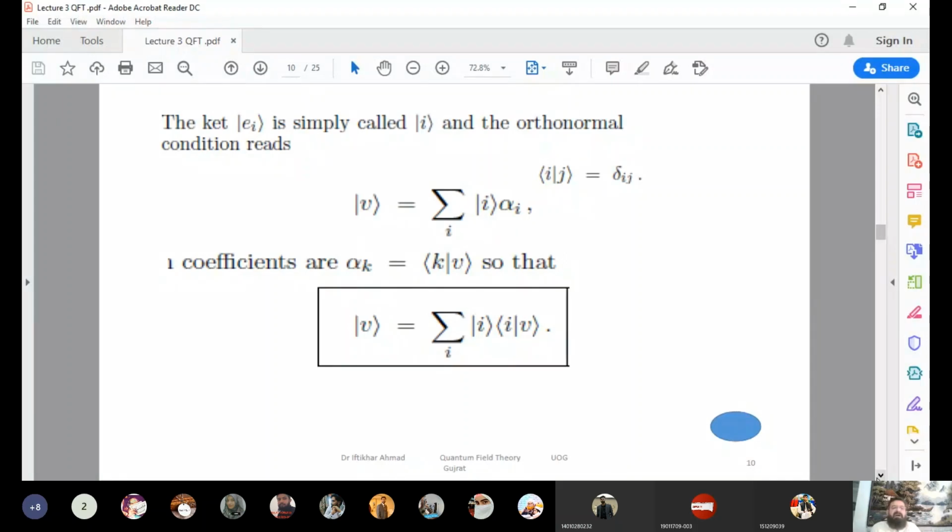So how you can take the standard basis vector, it means the ket vector ei, you put a vertical bar before ei. So E1, E2, E3, these are the standard bases, because V is the n-dimensional vector space with standard bases E1, E2, E3, En, simply called.